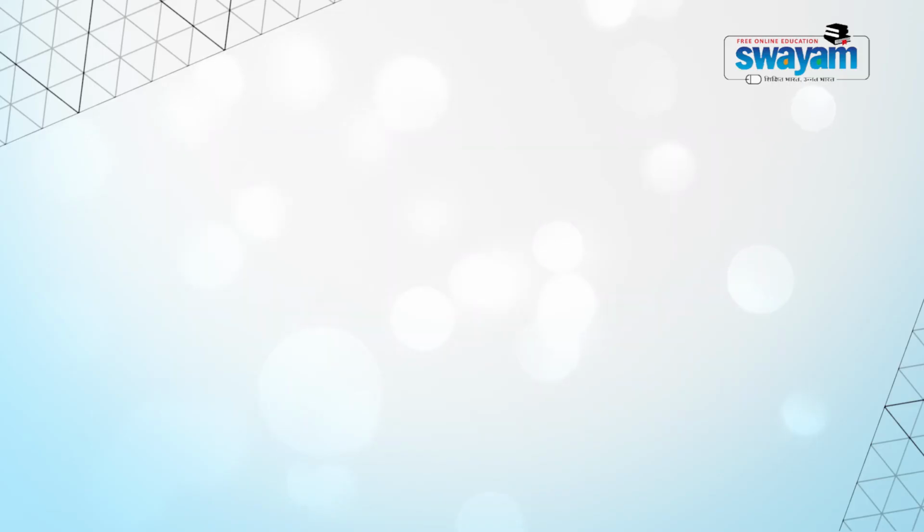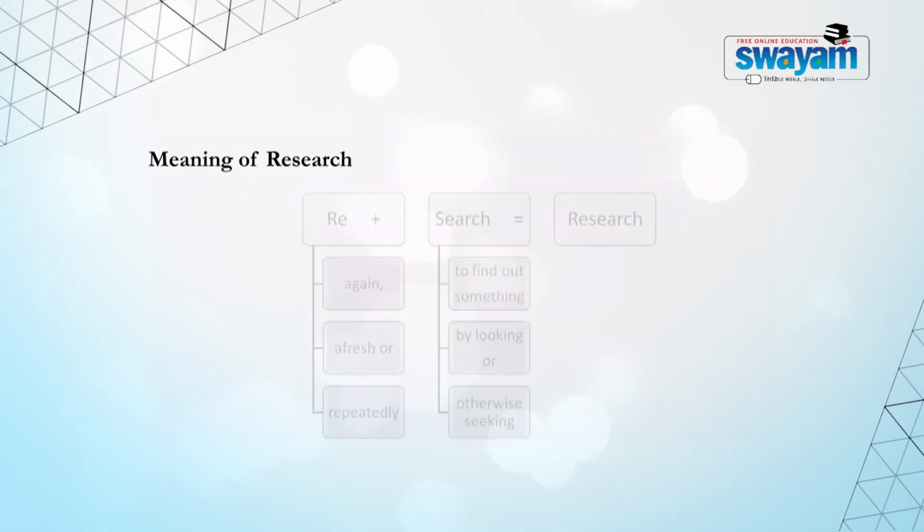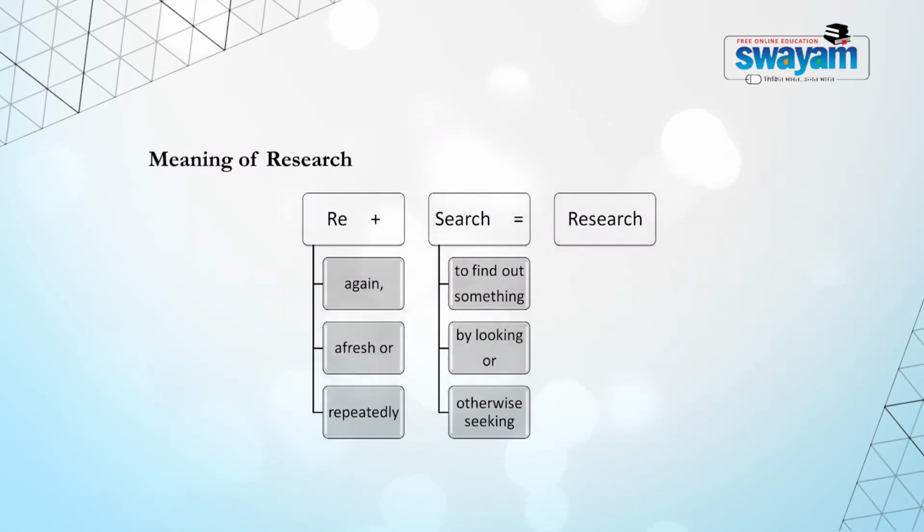After discussing the concept in its ordinary way, now it is necessary to understand the concept in its technical sense. In technical sense, we can say that research is the composition of two terms, one is re and second one is search. Re is the Latin term, means again, afresh and repeated investigation.